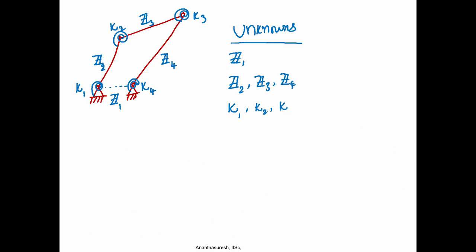So, let us count our unknowns. Our unknowns, when I say I need to synthesize this 4 bar linkage spring body model, our unknowns are Z1 and Z2, Z3, Z4 and these kappas, kappa 1, kappa 2, kappa 3 and kappa 4.